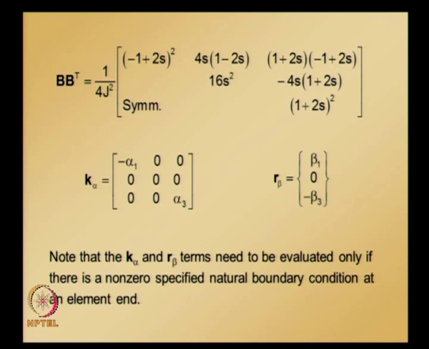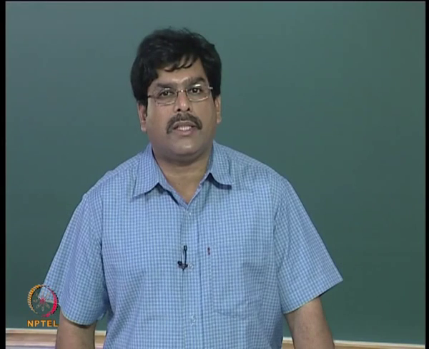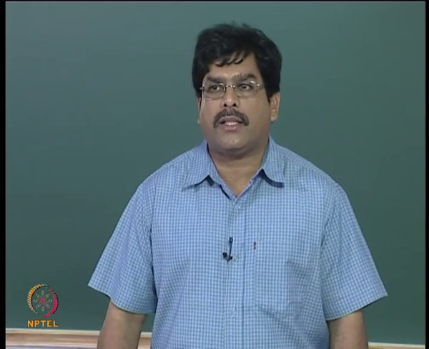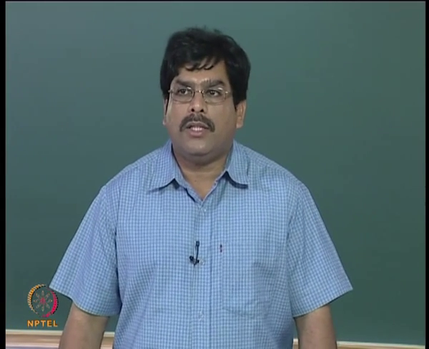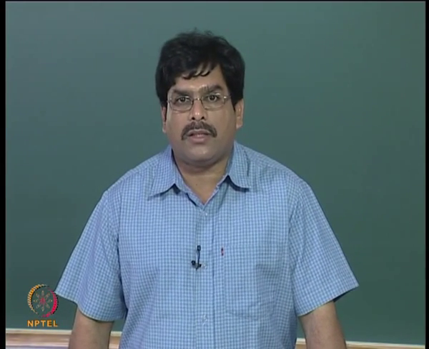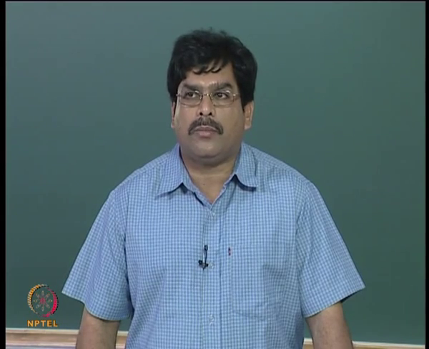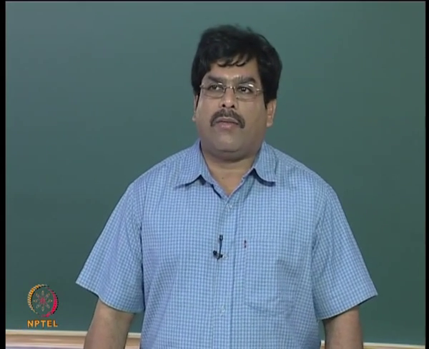Suppose if at node 1 natural boundary condition is specified and at node 3 essential boundary condition is specified, then alpha1 is going to be a non-zero value, whereas alpha3 is going to be 0. Similarly beta1 is going to be non-zero value and beta3 is going to be 0, and vice versa.